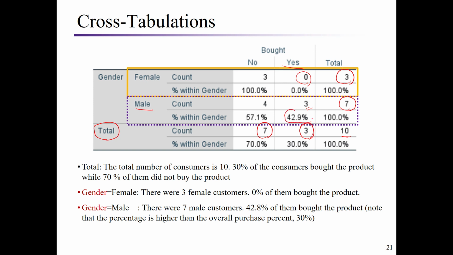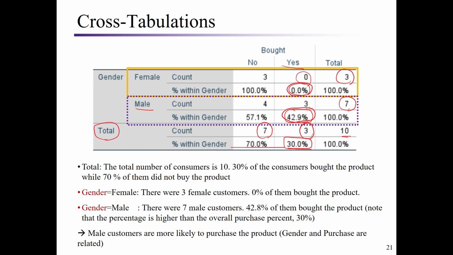Therefore, what we can know is, if we take a look at the data in total, the purchase rate is only 30%. But by segmenting these people in terms of gender, we learned that female customers did not buy at all, while some male customers bought the product.